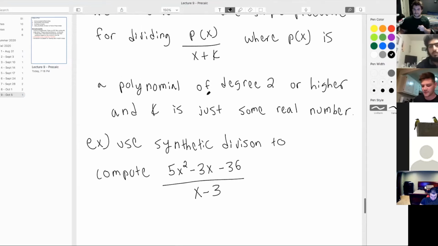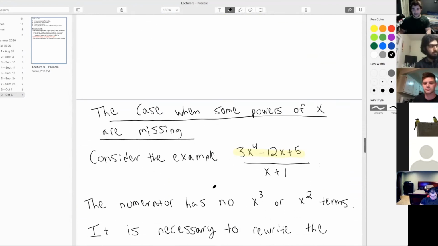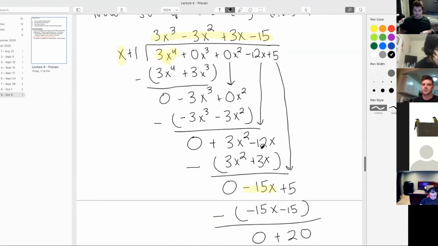Like if you were to have the previous example, 2x to the third minus 3x squared, etc., would this work out? Yes, because the denominator is x plus a number, synthetic division is applicable on this example. However, you would need to replace missing terms with zeros. Got it. We're going to get to that. Thank you.